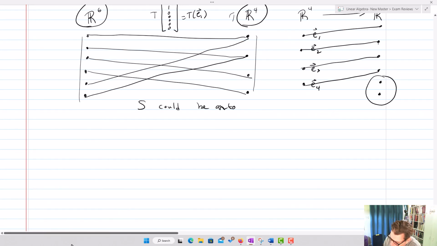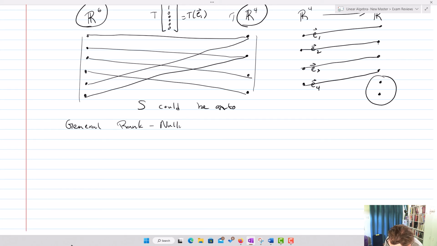So we've got general rank nullity. General rank nullity says that the dimension of the kernel of T plus the dimension of the range of T equals the dimension of V, our input space.